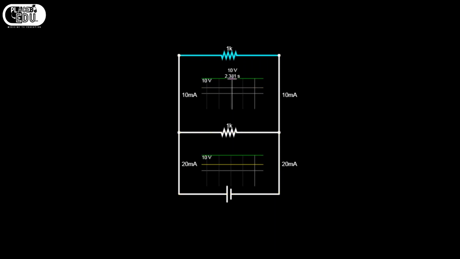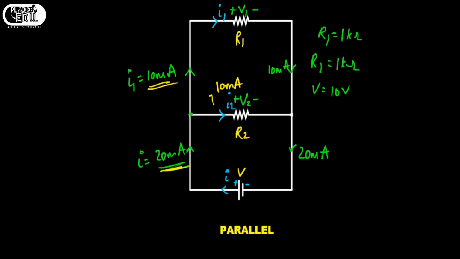See here, the voltage is 10 volts and the current is 10 milliamps, and here the voltage is 10 volts and the current is 10 milliamps. I think you got a clear idea of what I'm saying. So here we have 10 volts and here it is 10 volts, and this is obviously 10 volts since it is a source.